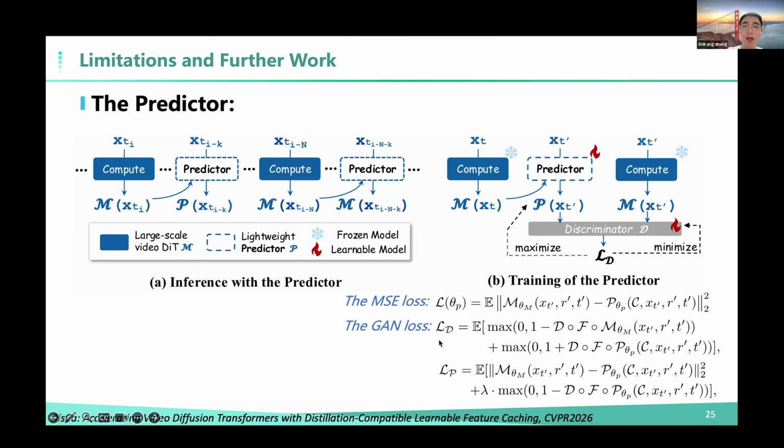The first is the classical MSE loss, which finds the differences between the actually computed DiT trajectories and the predictor trajectories. And the second one is the GAN loss, where we train a small discriminator to discriminate the predicted feature and the actually computed feature.